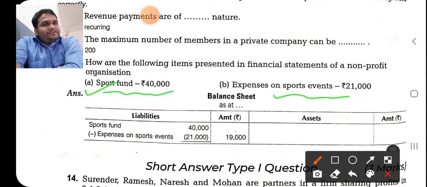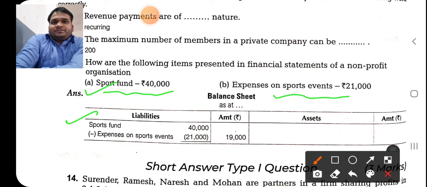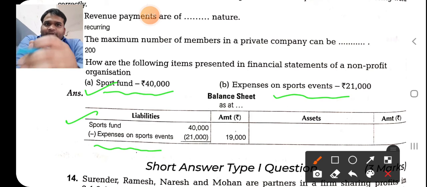So as we already know, when any fund is given for a specific purpose, that will come on the liability side. So this sports fund will be shown on the liability side as 40,000. All right, and if any expense takes place, that expense will be subtracted from that particular fund.